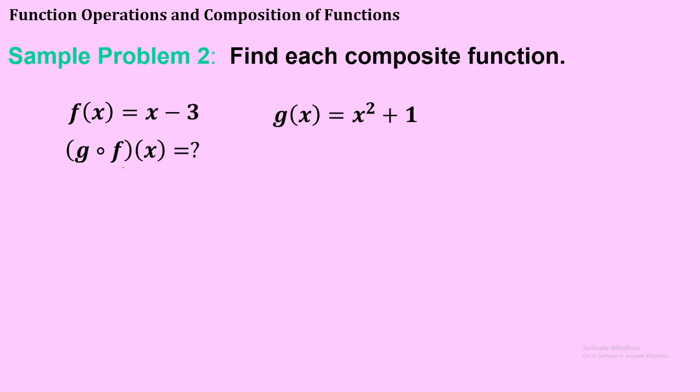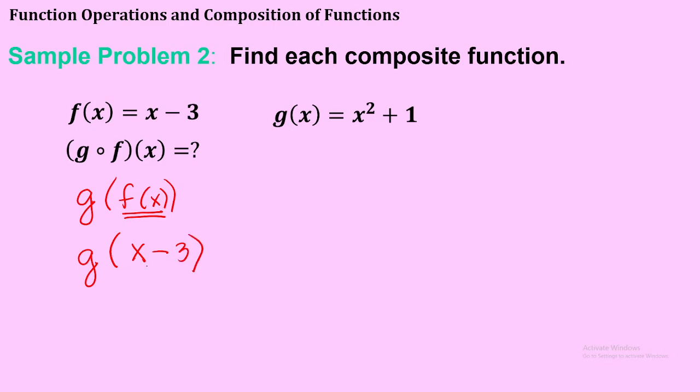So this time, this is g of f of x. So I will be having f of x here. What is f of x equal to? X minus 3. Okay, there you go. X minus 3.